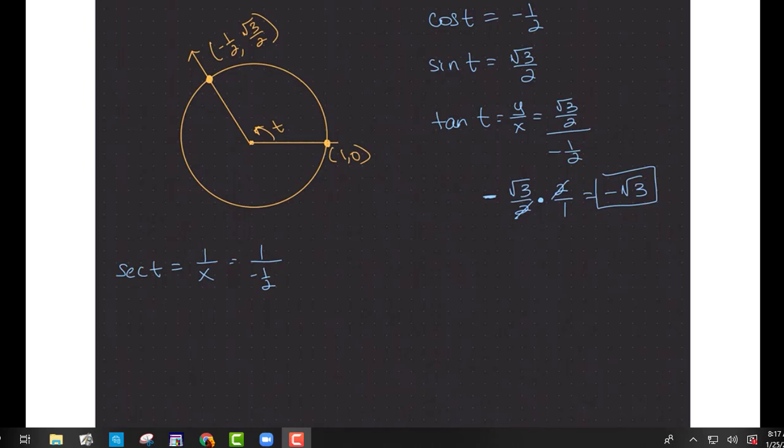So we've got to multiply by the reciprocal. So 1 times, what's the reciprocal of negative 1/2? Negative 2. So the secant of t is going to be -2.